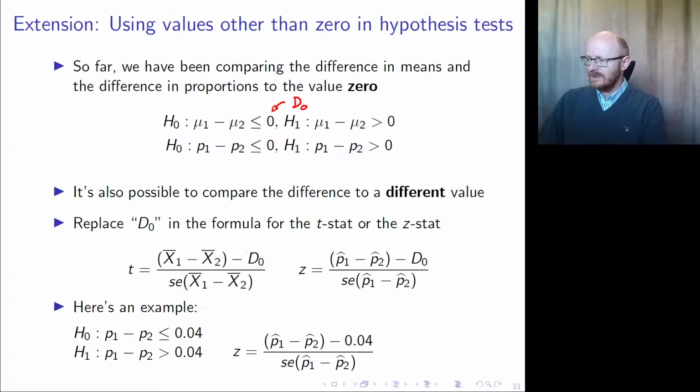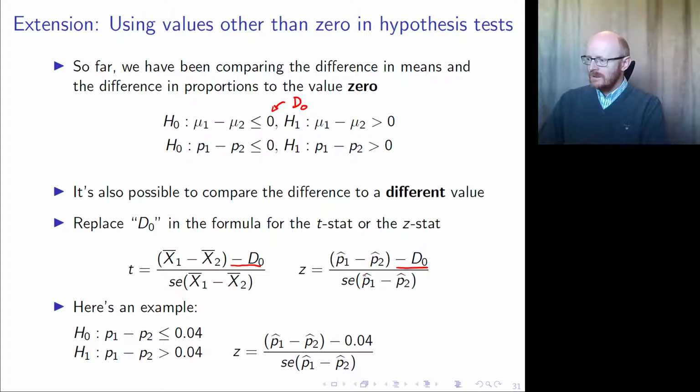We just subtract the cutoff value from the difference in means, or the difference in proportions. Okay, so we just subtract this cutoff value, and then we look at how many standard errors this penalized difference is from 0.